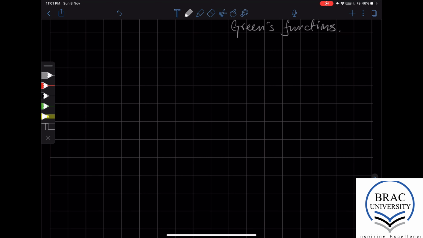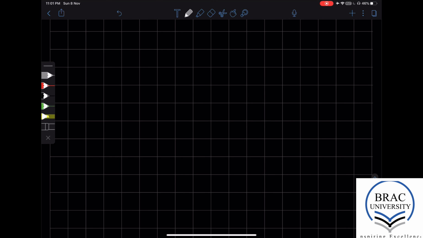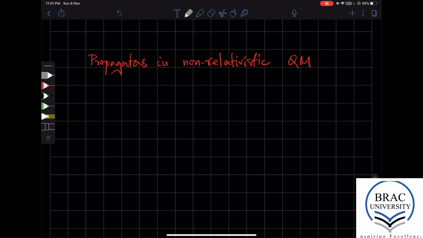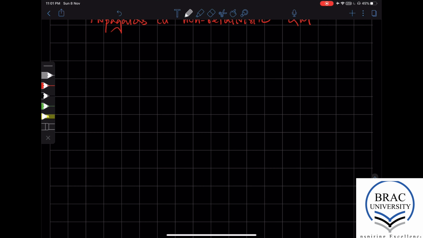So let's first discuss the non-relativistic propagator in the context of quantum mechanics. How do we view propagators in non-relativistic quantum mechanics? The way we look at them is that suppose I have a wave function at some time t prime, and I have its spatial dependence.